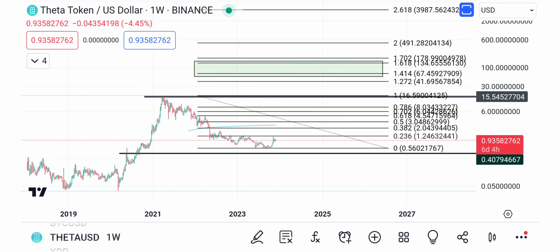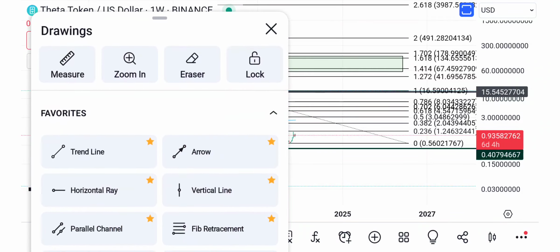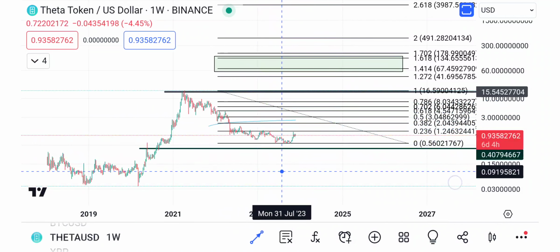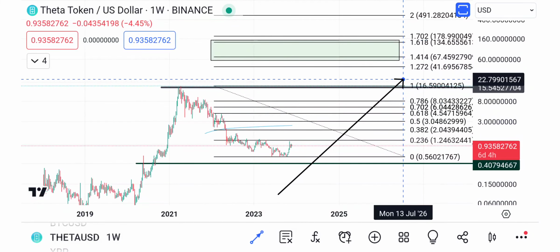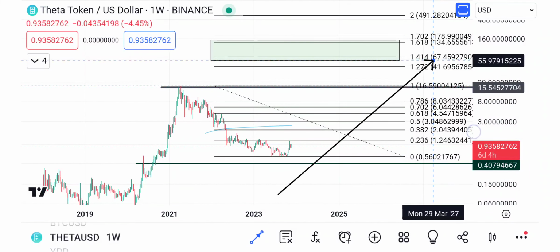So it really comes down to the financial system, and then back to Theta, which, by the way, my target for Theta, just to clear up the last video, is between $67 and $134. I said $80 to $100 just to keep even numbers here.